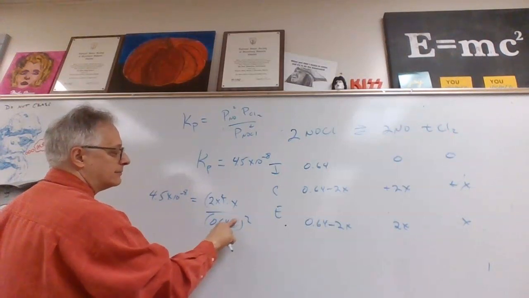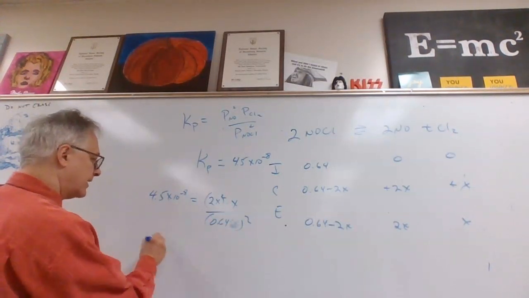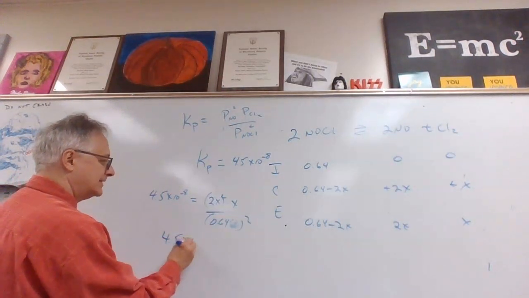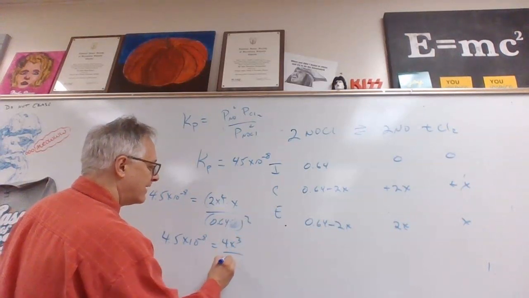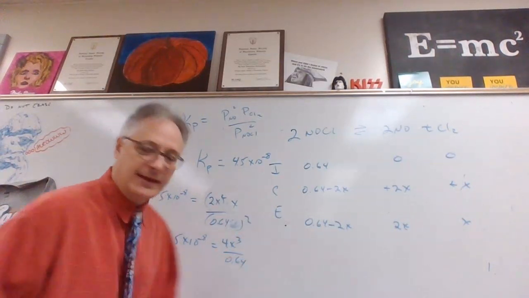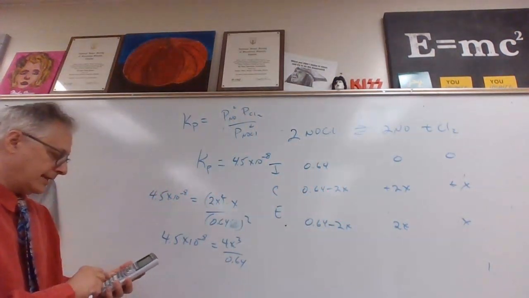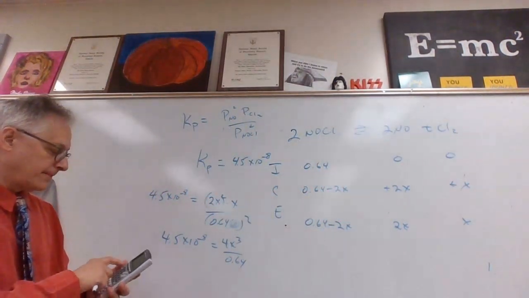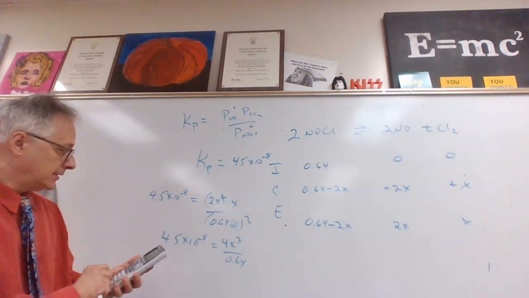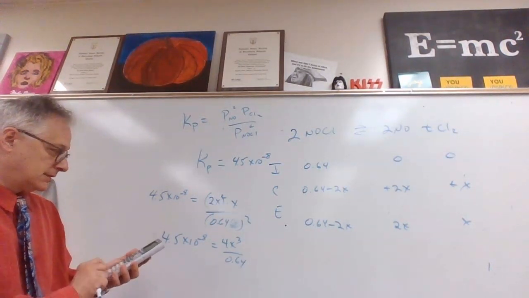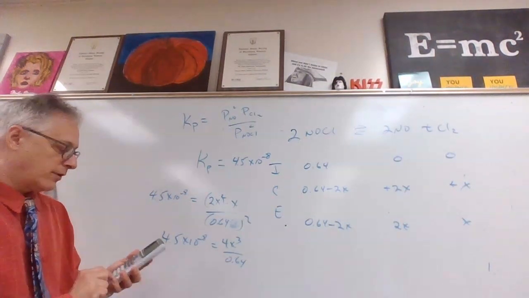We're going to get rid of that minus 2x, and so then same deal here. We've got 4.5 times 10 to the minus 8 is 4x cubed divided by 0.64. So I didn't have a chance to plug that one, and we'll go with it. Let's see what we get. 4.5 times 10 to the negative 8 times 0.64 divided by 4.